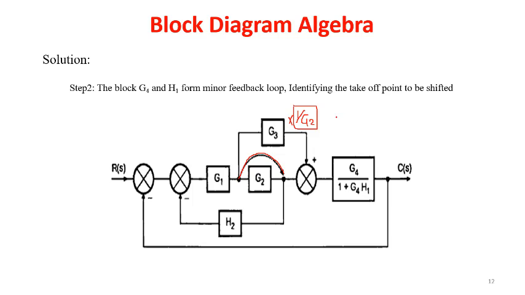Then what we get when we multiply these two, we are going to get the block as G3 by G2.